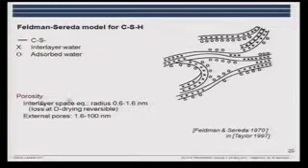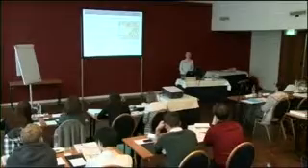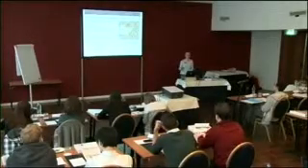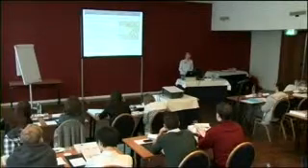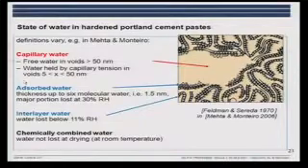They describe the porosity with the interlayer space in the nanometer size, and then external pores. When you look into other places, this is from a book on material science of cement and concrete from Mehta and Monteiro. And they describe the water.